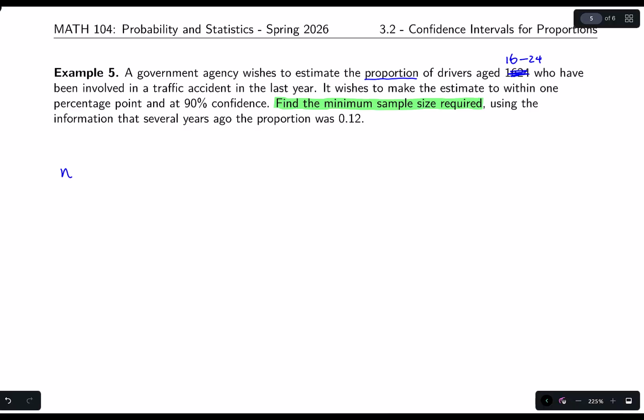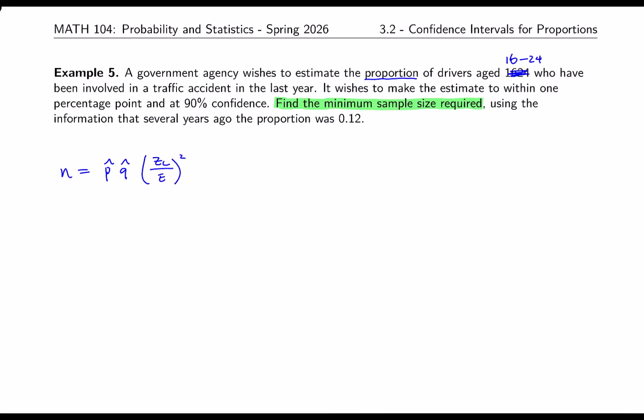So then that's going to be n equals p hat times q hat, times z sub c over the margin of error, altogether squared. So we need to figure out the individual values here and then plug into the formula.